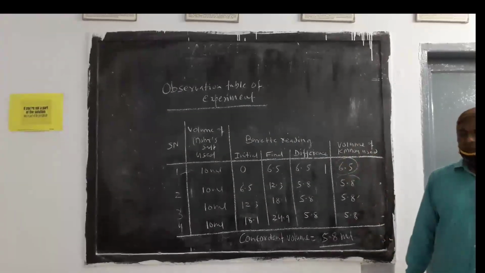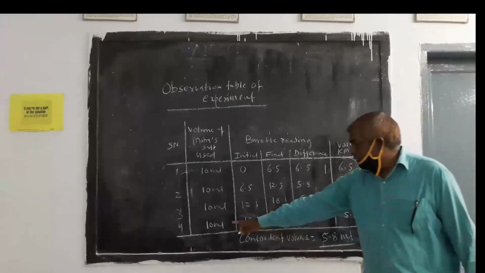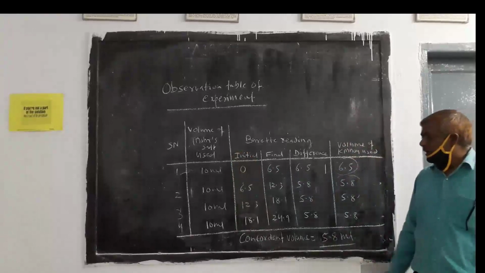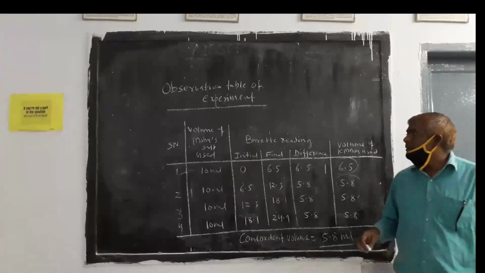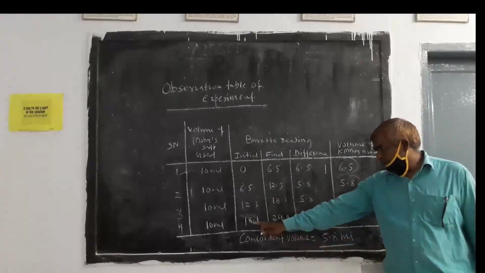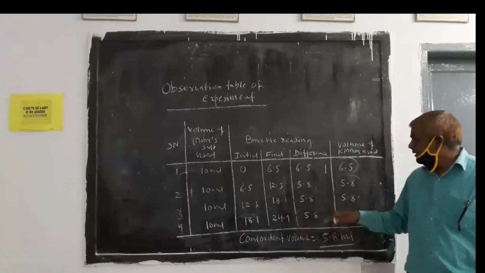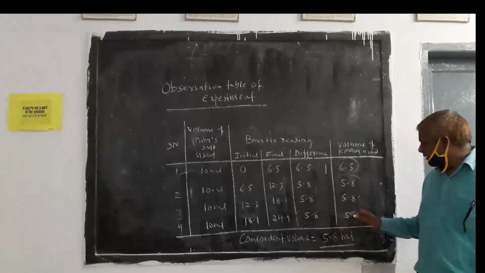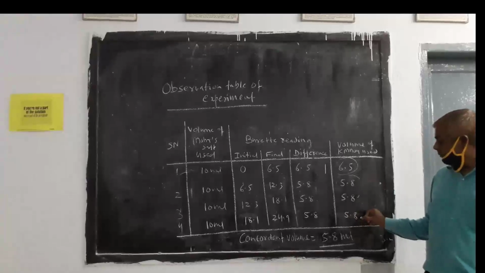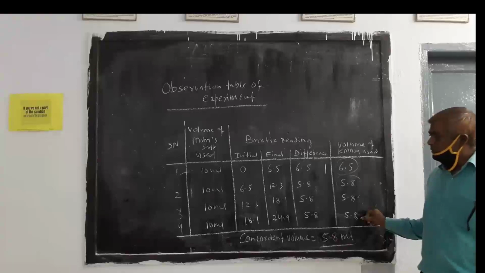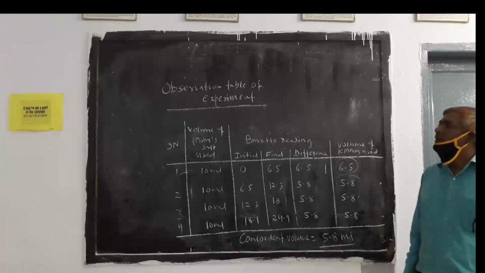Fourth observation, again 10 ml of Mohr's salt taken in the conical flask. Initial reading was 18.1, final reading was 24.9 and the difference was 5.8, and again 5.8 ml of KMnO4 is used to oxidize 10 ml of Mohr's salt.